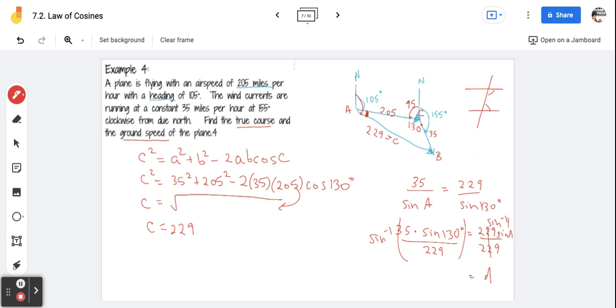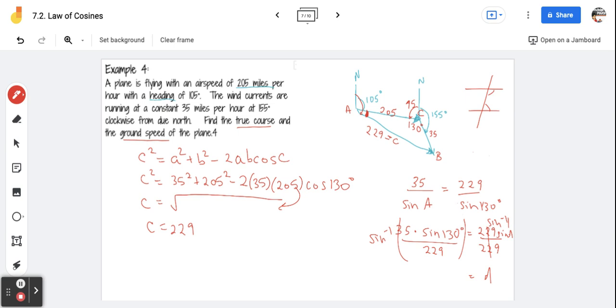Inverse sine of 35 times the sine of 130, in degrees, which is what I want to be in, divided by 229. All right, 6.7 is the measure of that angle.